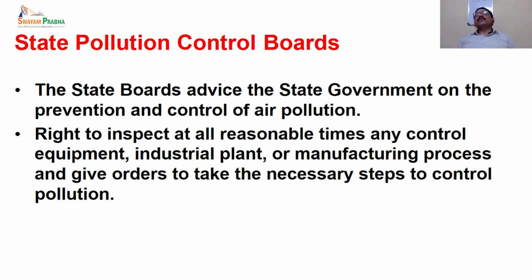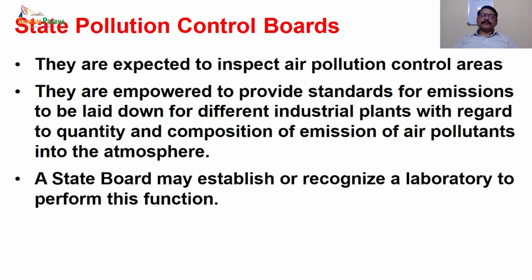By and large, they work to implement the control of air or water pollution. They have the right to inspect an industry at any point of time, collect samples, analyze them, and find out whether the contaminants present in the sample are within the threshold limit or are increasing. That is carried out by the state pollution control boards.